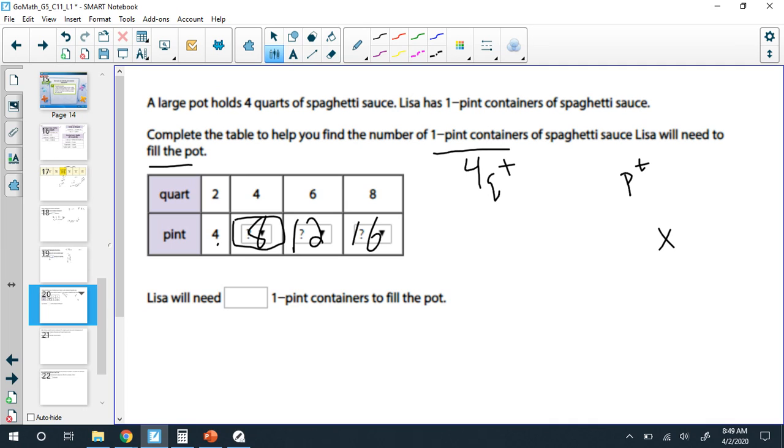This can be a little bit misleading, because you might say, oh, I got to 16, so I need 16 1-pint containers, but that would fill up an 8-quart pot. But Lisa's pot is not 8 quarts. Lisa's pot is 4 quarts. So I can look at my chart here and see that 4 times 2 was 8. So Lisa will need 8 1-pint containers to fill her pot.